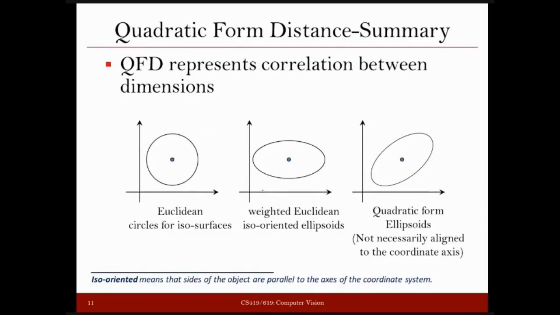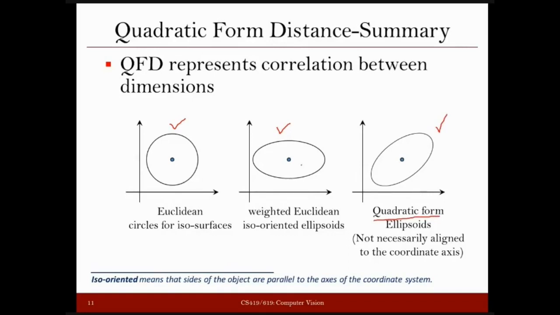Now using these distance measures, if you try to represent a circle, you will find that in the Euclidean case, the circle will look like this. But in case of weighted Euclidean distance, your circle will look like this, which is called an iso-oriented ellipsoid. And in case of quadratic form distance, your circle will look like this.